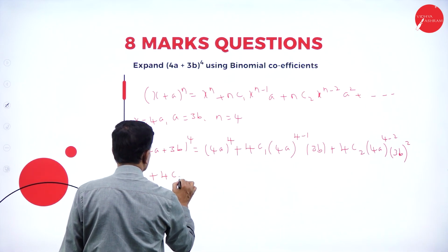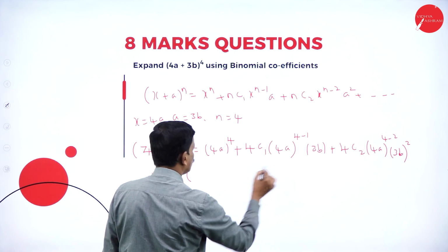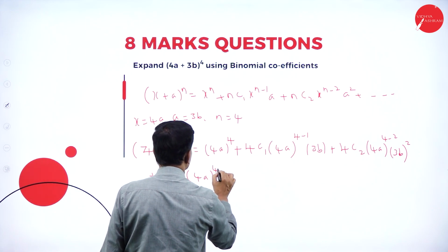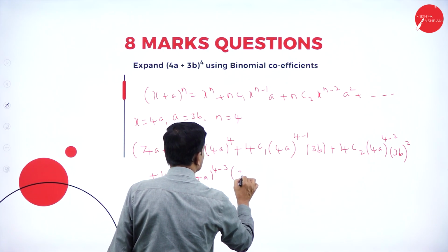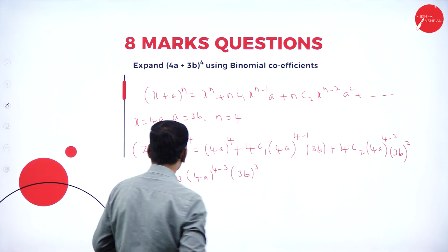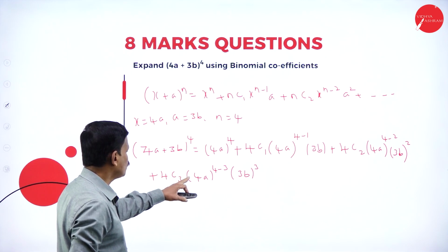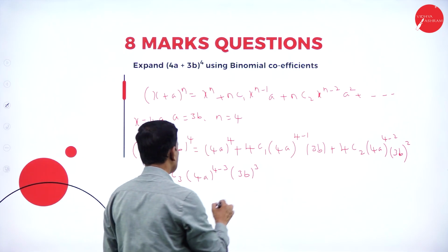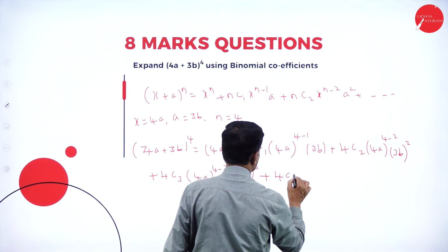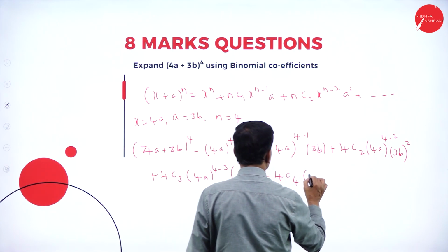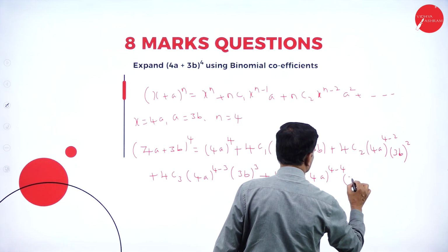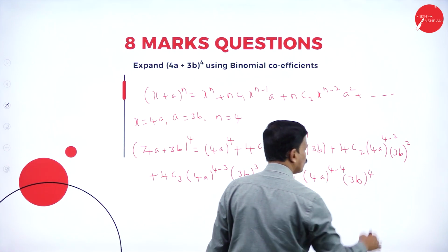Plus 4C3 into (4a) to the power of 4 minus 3 into (3b) whole cube, plus the last term is 4C4 into (4a) to the power of 4 minus 4 into (3b) whole to the power of 4.